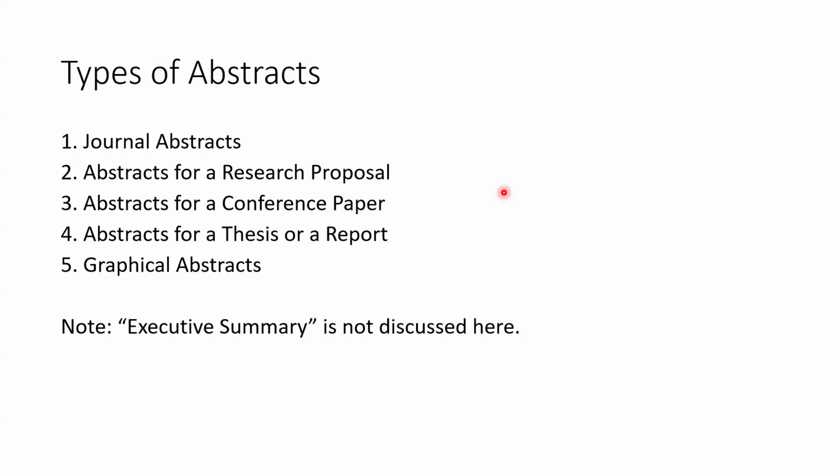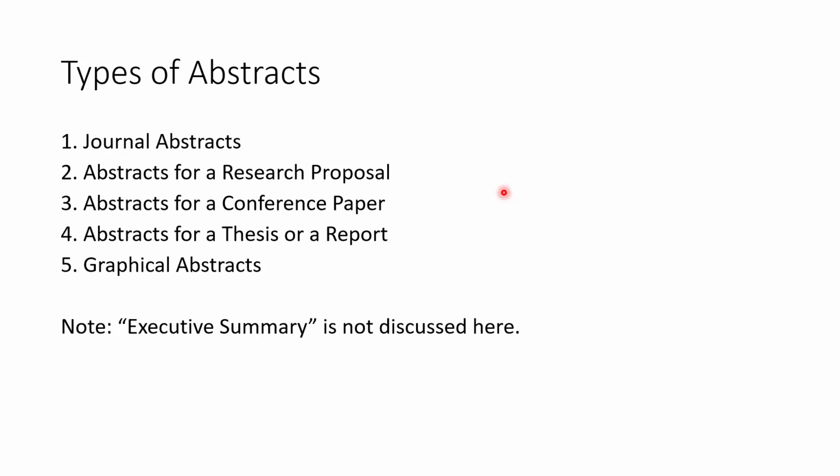And then the second abstract is for a research proposal, right? It's usually part of a funding application. Now here, whenever you put forward a research proposal, it's at the beginning, right? You are still yet to start the research. You are looking for funding. You are looking for collaboration.